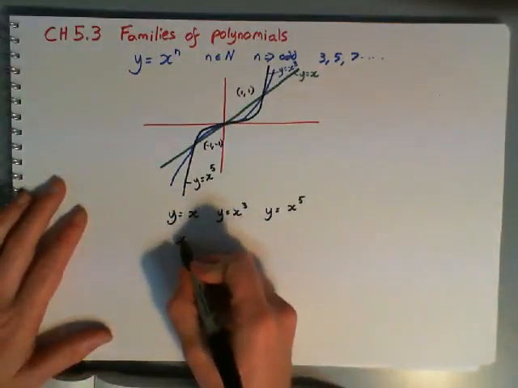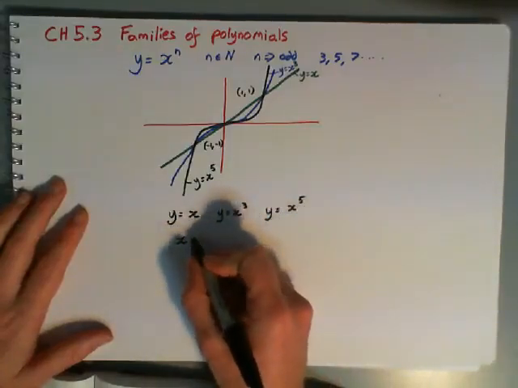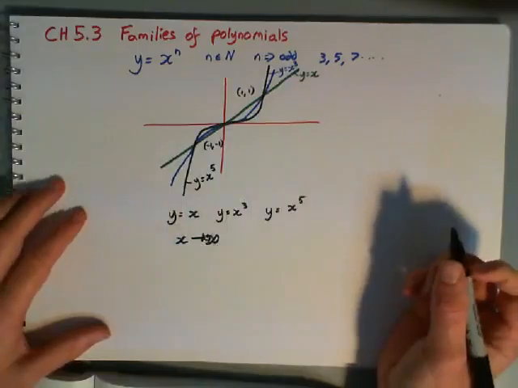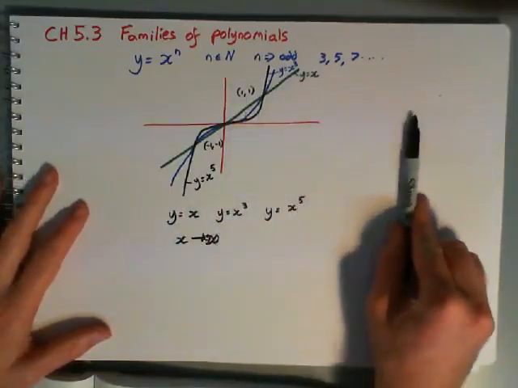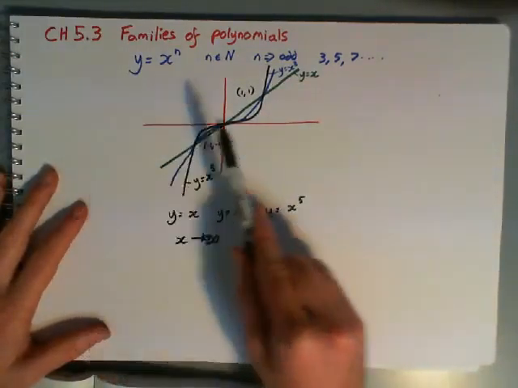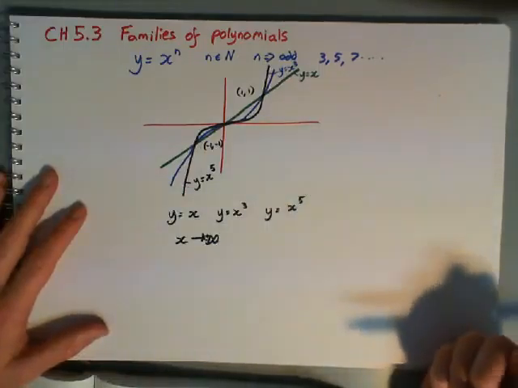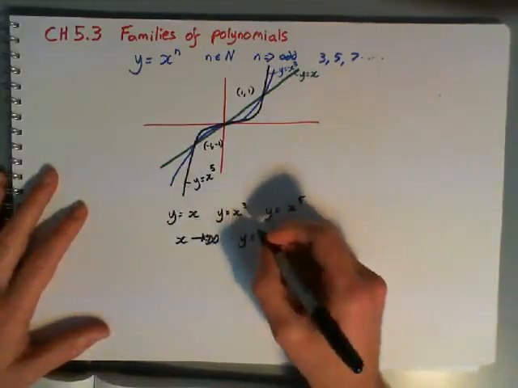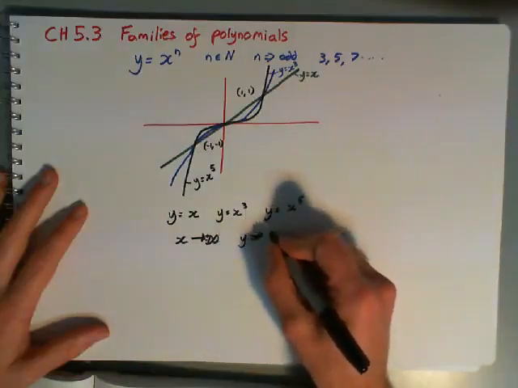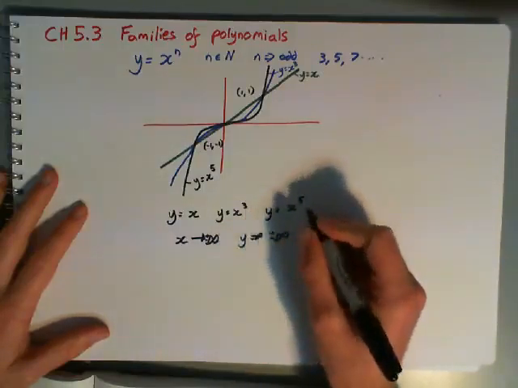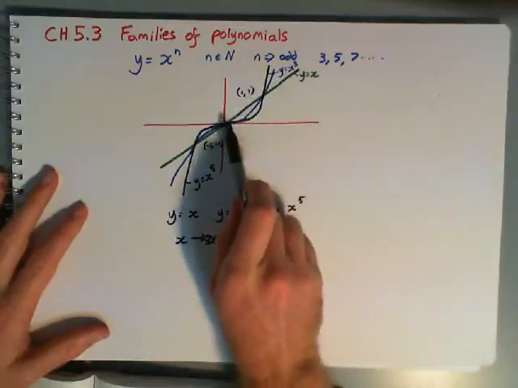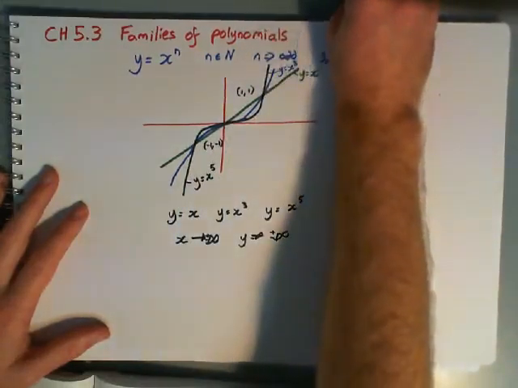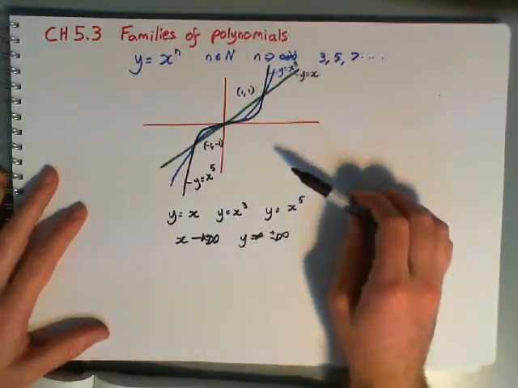Well, as x gets larger, approaching plus or minus infinity, so as we go to the right or to the left, what happens to y? Well, that also approaches infinity as well. As we go across to the right, the y values are going to go steeply up towards infinity.